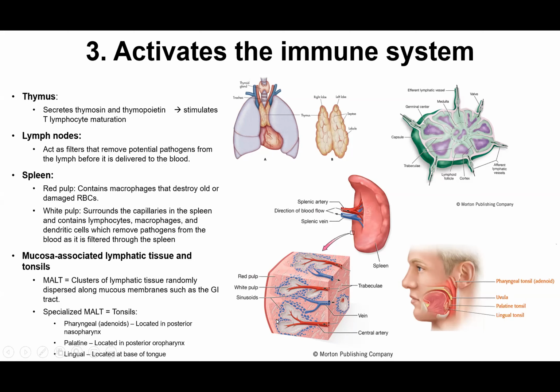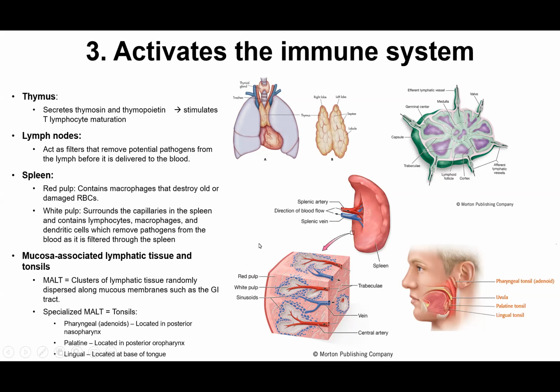And the white pulp contains things like lymphocytes and macrophages and dendritic cells, which function to remove pathogens from the blood as it's being filtered through the spleen. So just in case the lymph nodes don't catch and remove all of the pathogens, we also have the spleen kind of working as a backup generator to remove any pathogens that might be circulating in our blood.